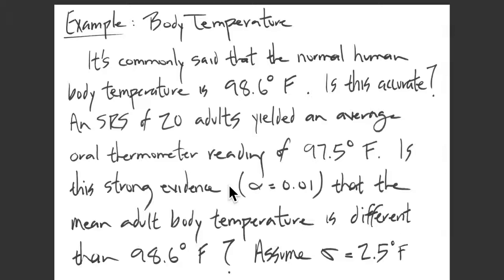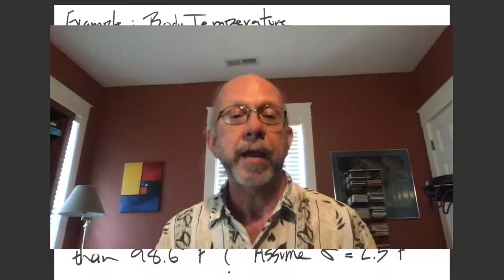So, is this strong evidence at the alpha equals 1% significance level that the mean adult body temperature is different than 98.6 degrees Fahrenheit? And we're asked to assume that sigma is 2.5 degrees. So the standard deviation of body temperature from individual to individual is assumed to be 2.5 degrees.